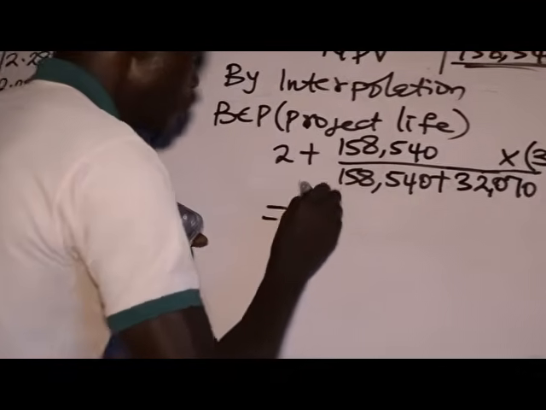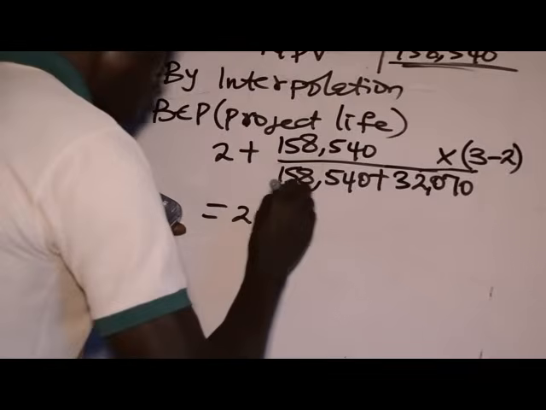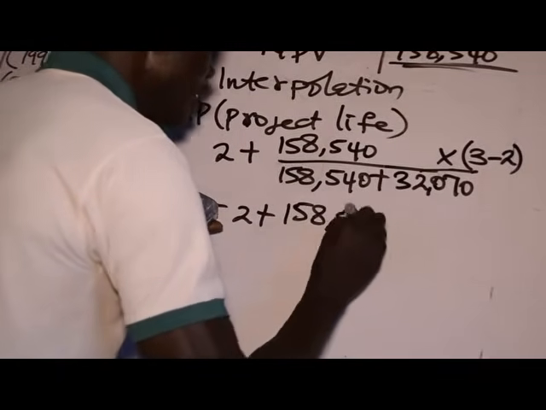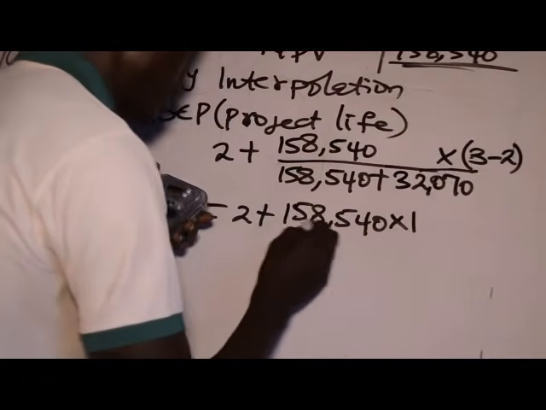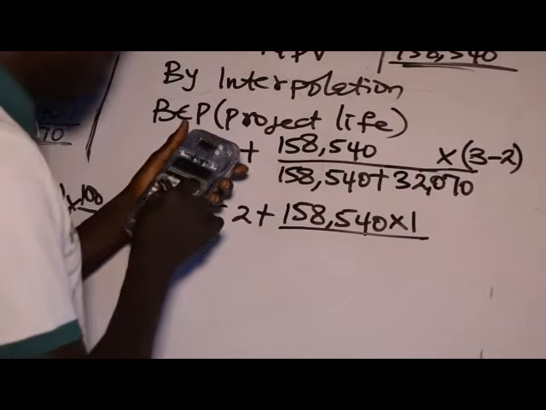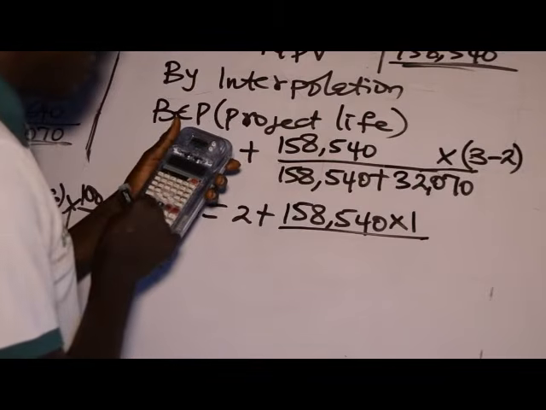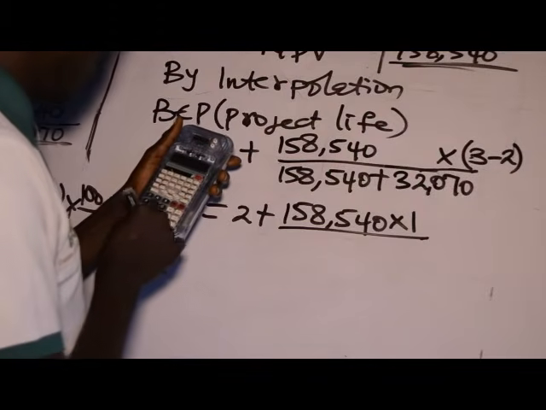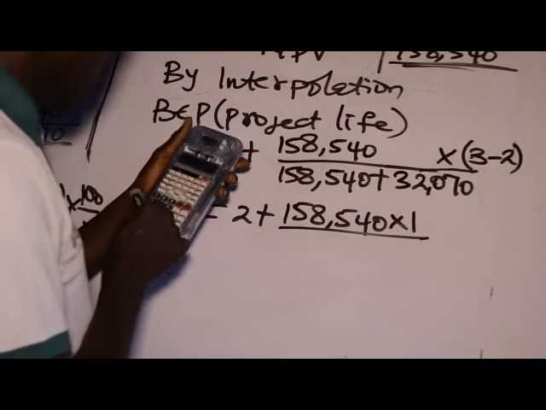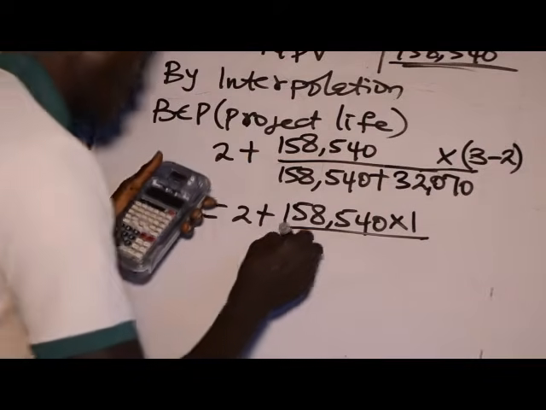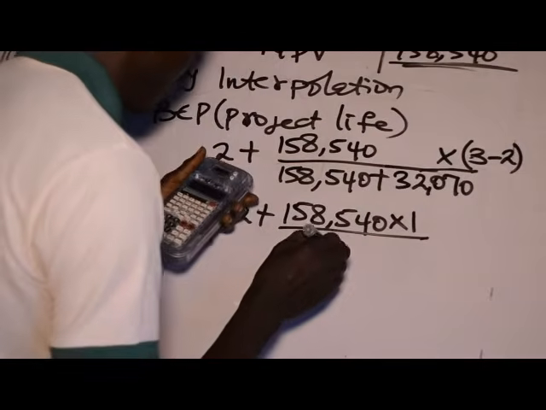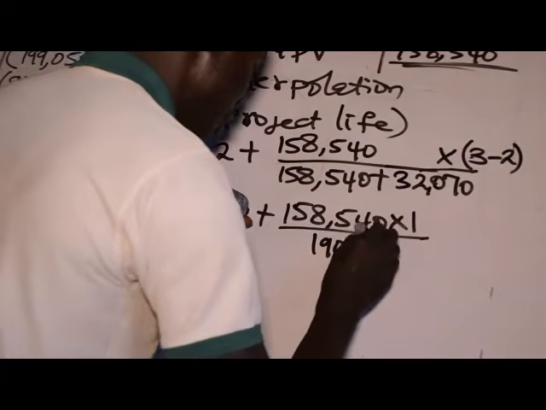We have 2 plus 158,540 times 1, since 3 minus 2 is 1, over the sum of the denominator: 158,540 plus 32,070, we have 190,610.